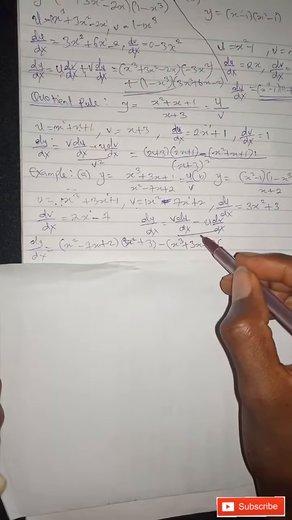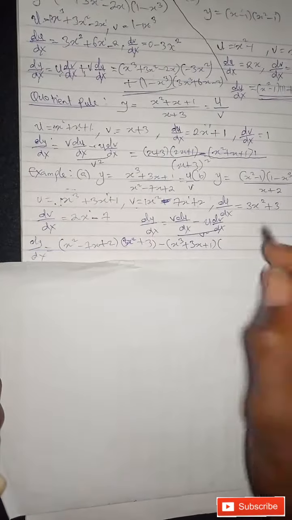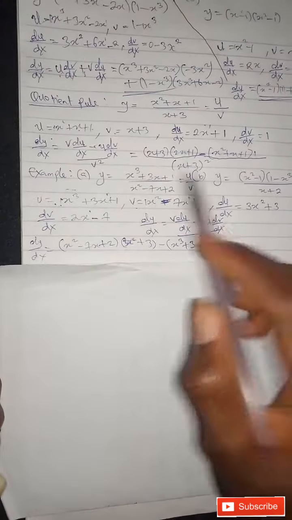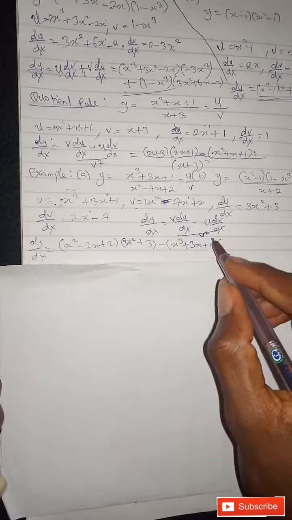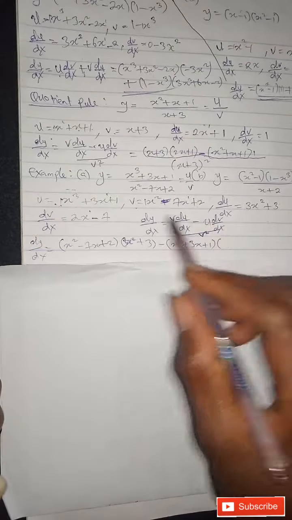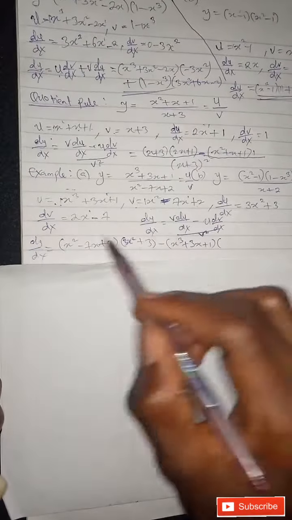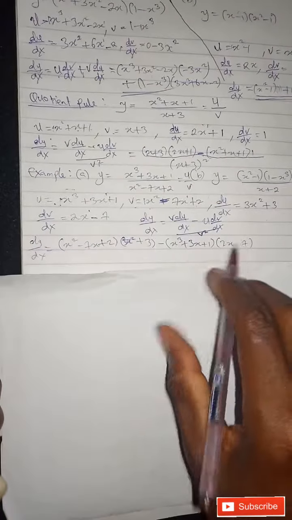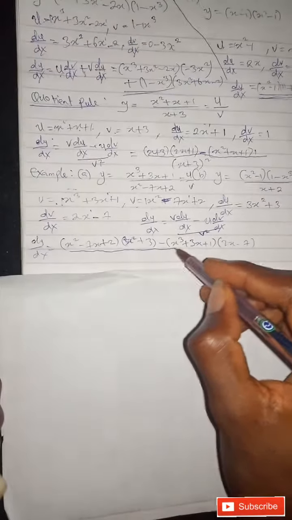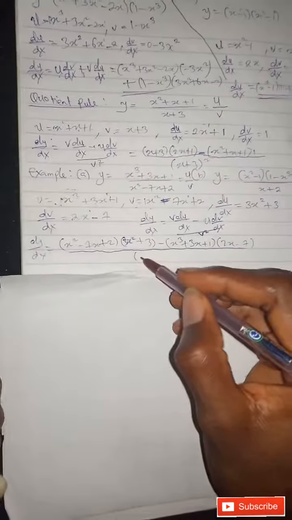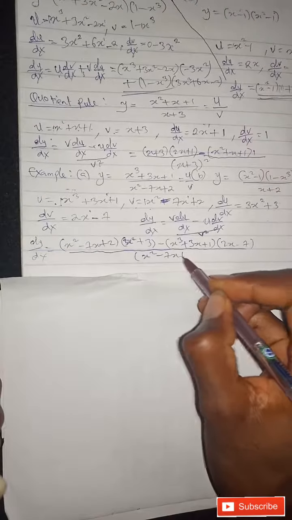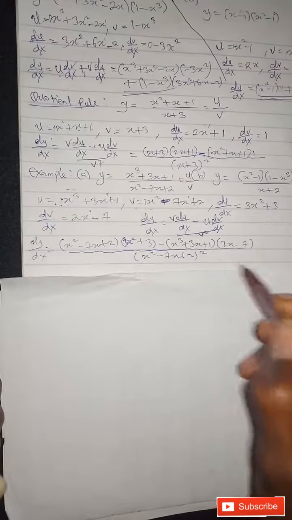Oh, I forgot to put v squared. All over v squared. So that's the formula, all over v squared. So times dv dx. What is dv dx? 2x minus 7. Of course, don't forget to put your all over v squared. What is v? V is x squared minus 7x plus 2 squared. That's the solution to this.